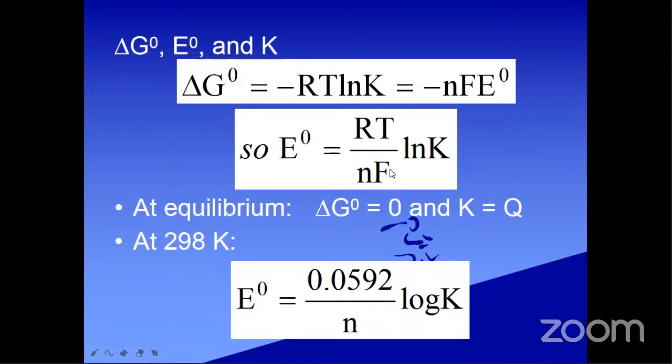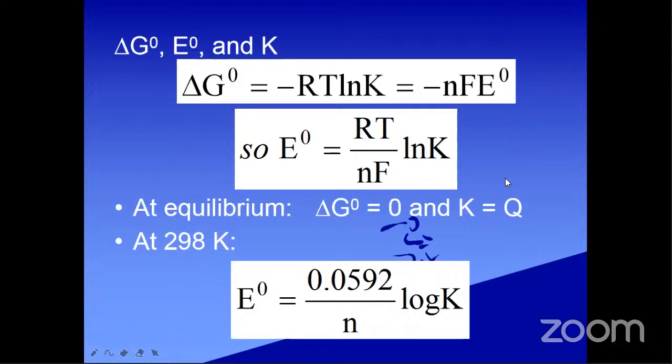Substituting these three, R, T and F, and also see this: ln x equals 2.303 log x. Conversion of ln to log means we have to multiply by 2.303. This is a mathematical equation.